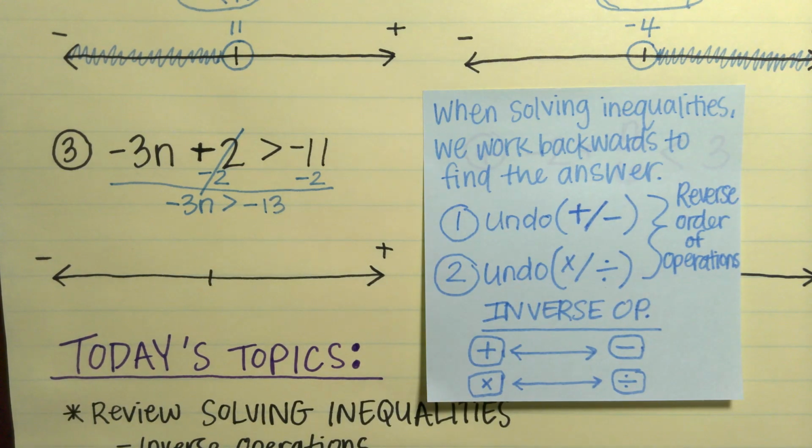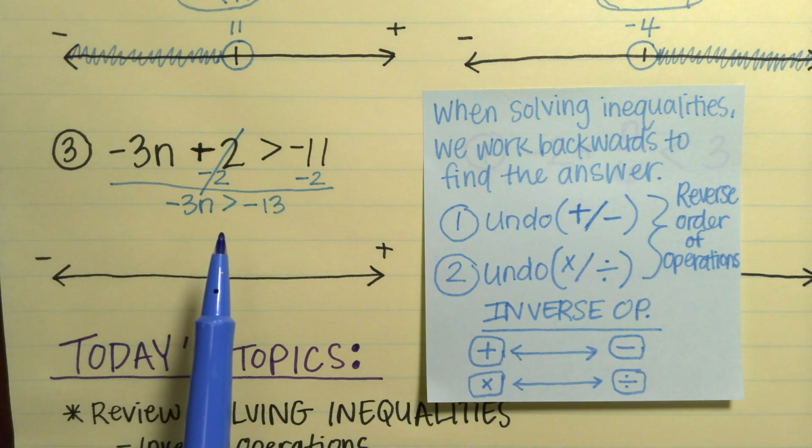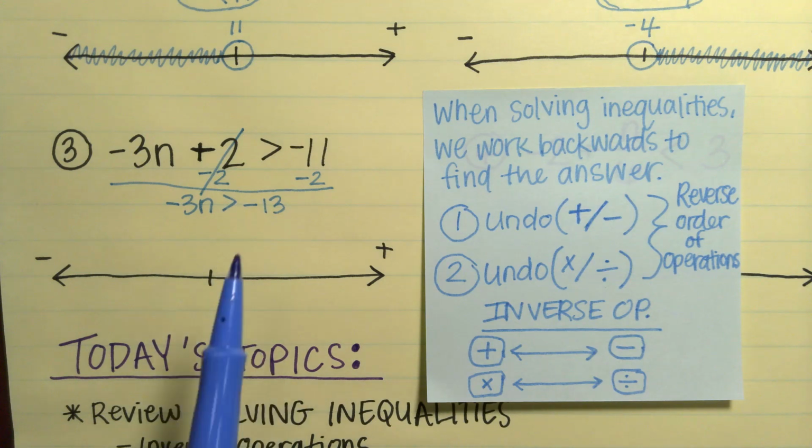That's all right. Okay, now we have another problem. We've got negative 3 times n is greater than negative 13. And I'll tell you, we are going to get a decimal here. So if you got a decimal, you're probably right.